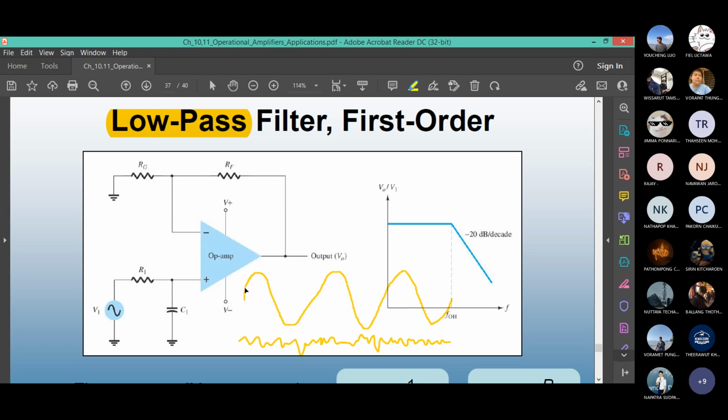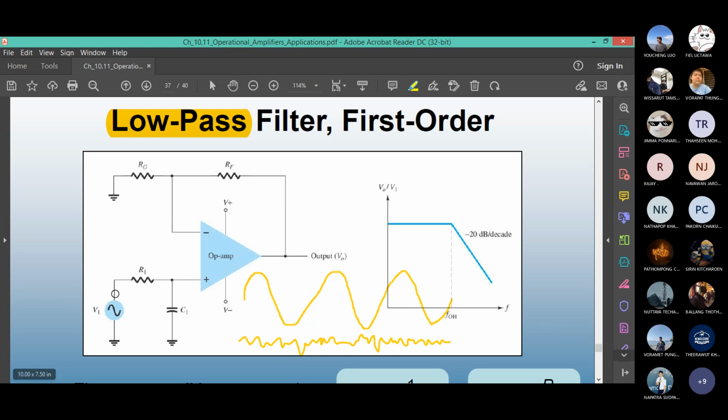So you want the low frequency to pass and the high frequency you want to kick out. In case you have a lot of possibilities for high frequency noise, like vibration, you can use a low pass filter. I personally have not worked with any low frequency noise, so I don't know. Maybe there is.